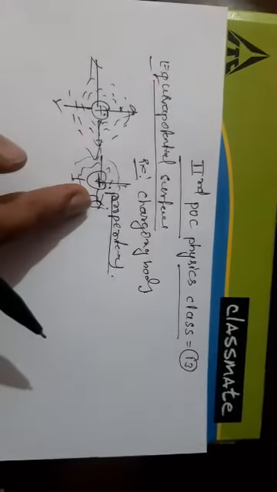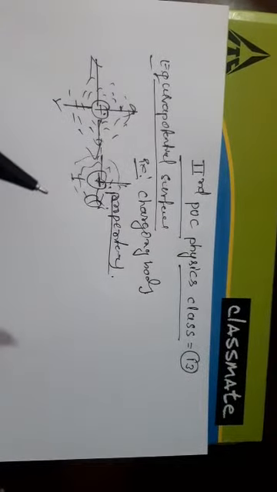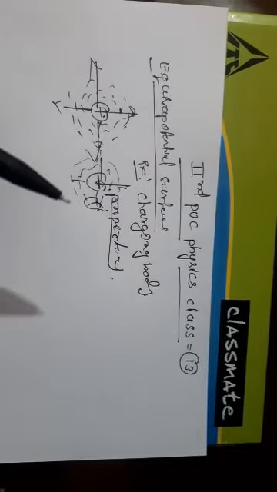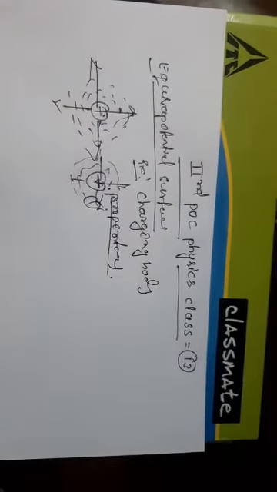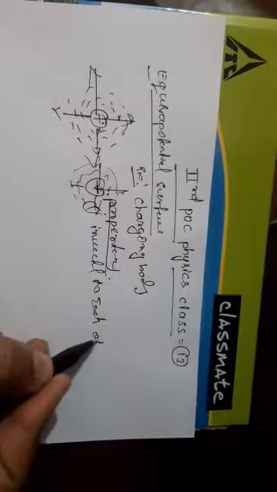Two equipotential surfaces do not intersect each other. That is the first property: no two equipotential surfaces intersect each other.